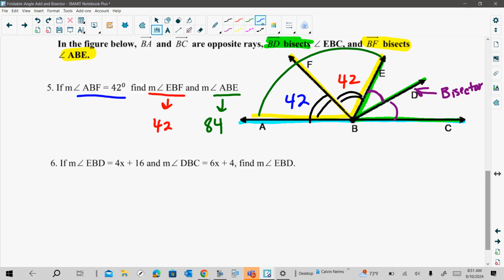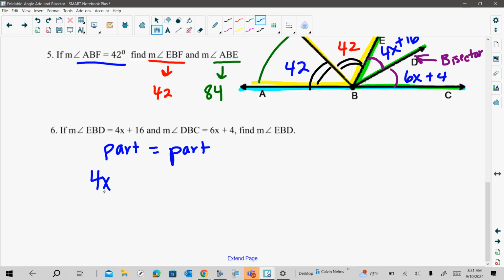Then on 6, if I tell you EBD is 4x plus 16, and DBC is 6x plus 4, we're trying to find EBD. We know that we have the 2 parts. We should have part equals part here.